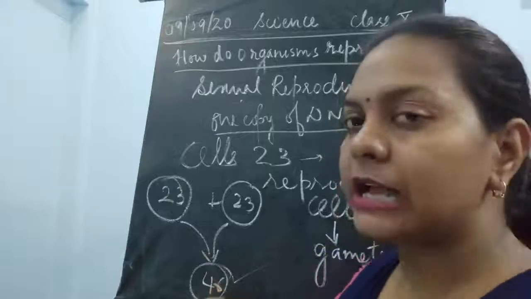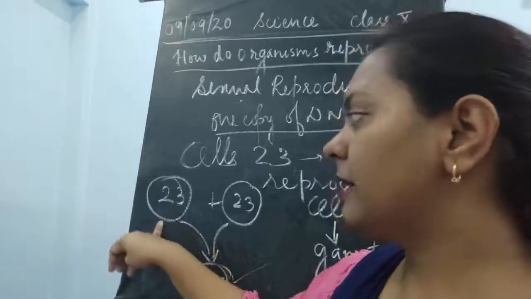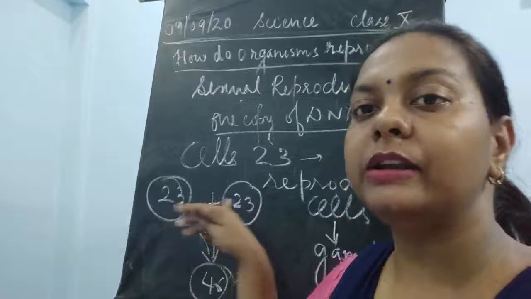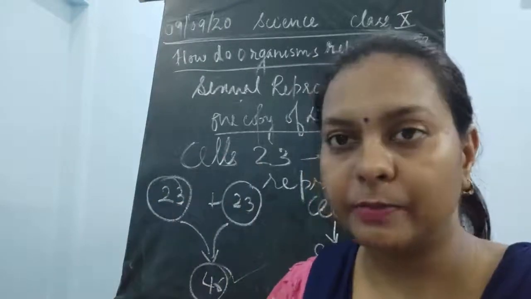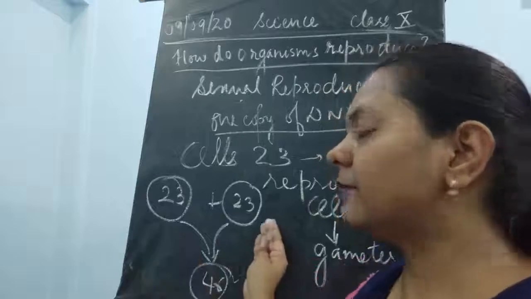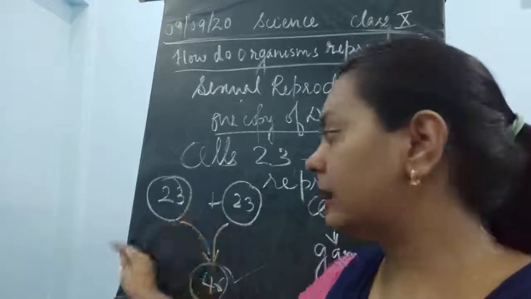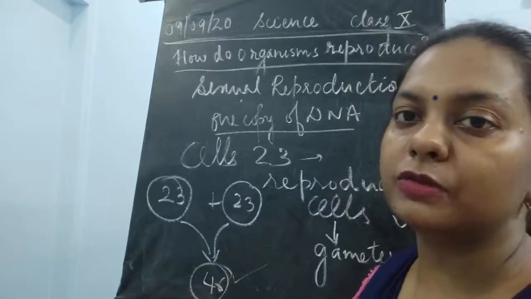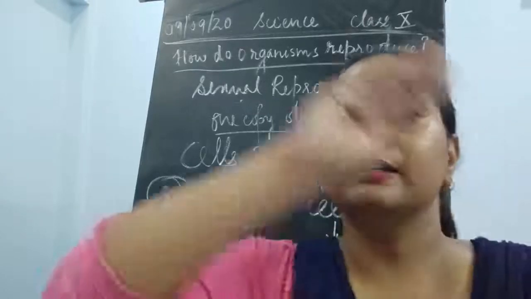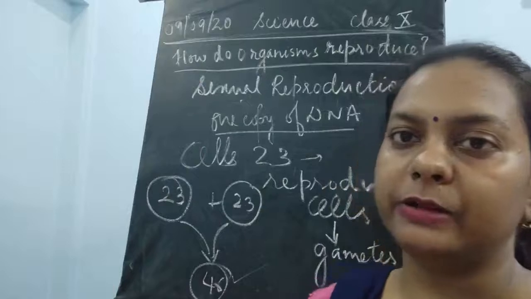So to increase the chance of survival, 23 chromosomes should come from one individual and 23 chromosomes, not the pair, from another individual. Then again these two combine to give rise to 46 chromosomes in one individual, and this is re-established and restored.